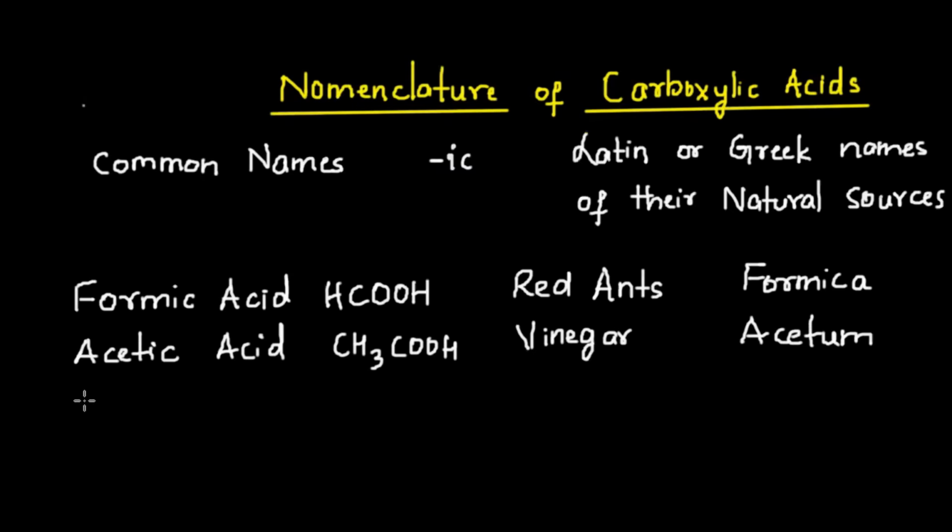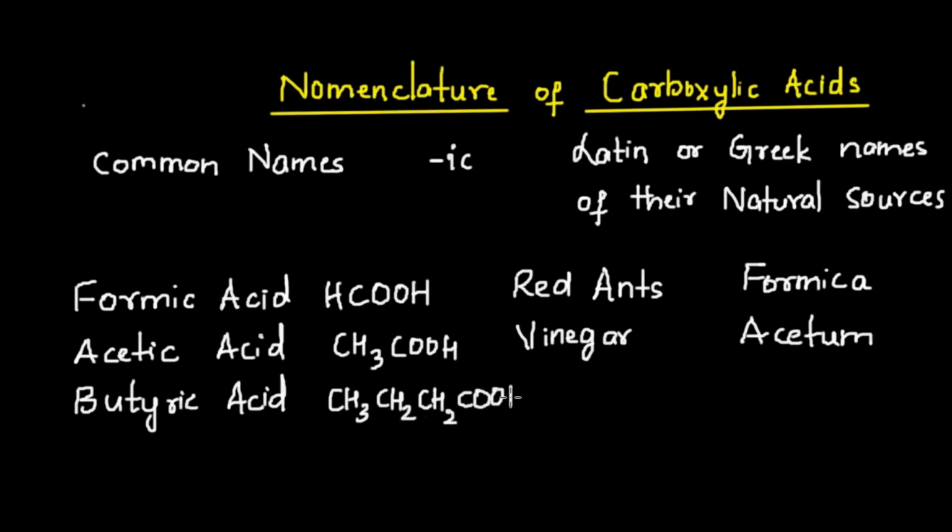For example, butyric acid, its formula is CH3CH2CH2COOH, is obtained from rancid butter.